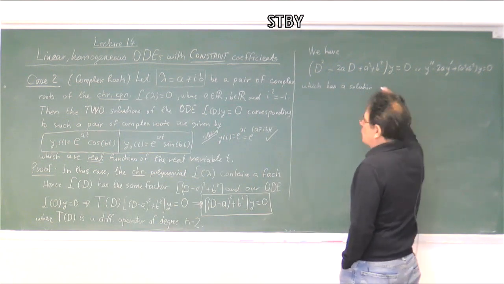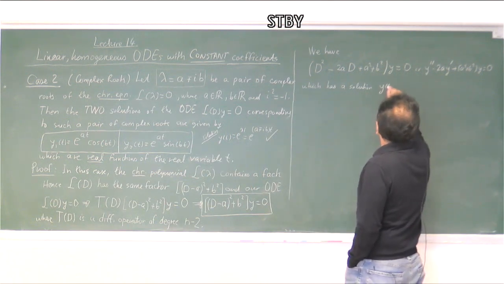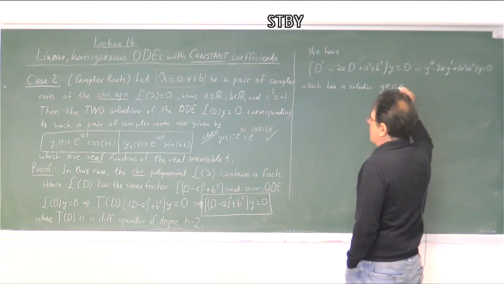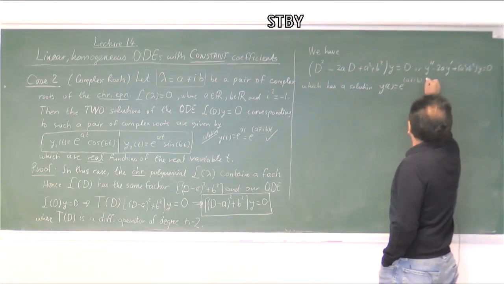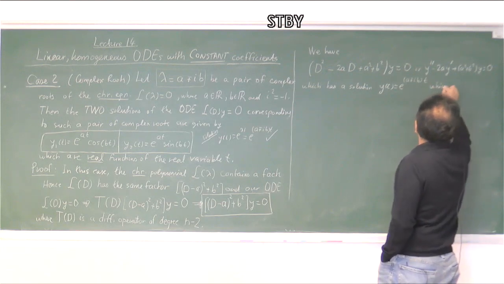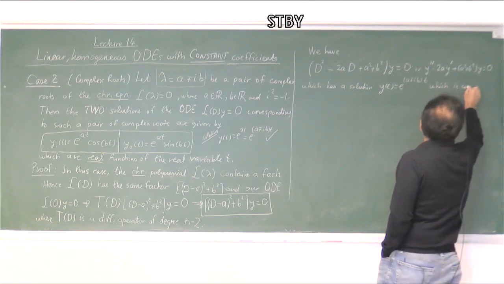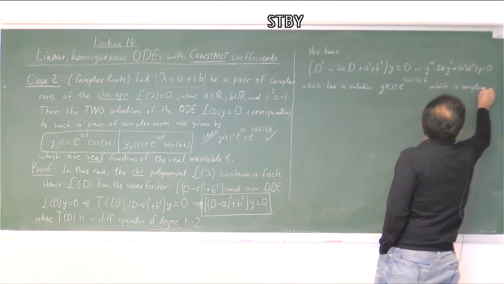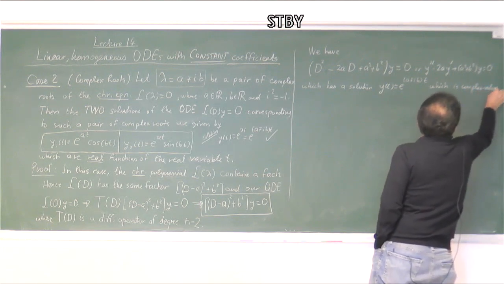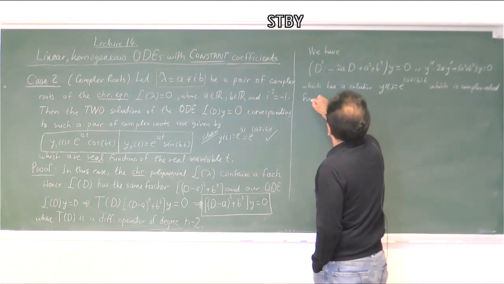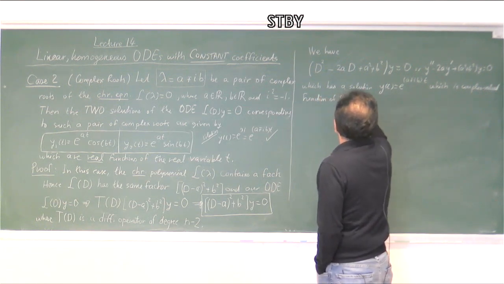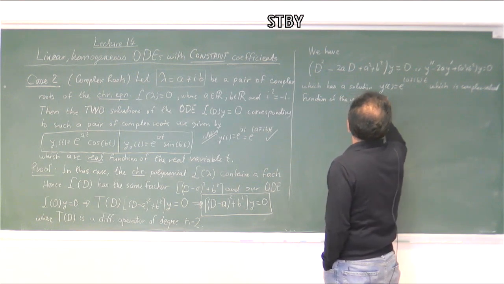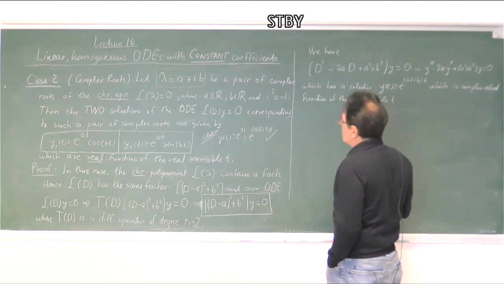So we have a solution like that, y of t equals e to power (a plus or minus i b) t, which is a complex valued function of the real variable t. Okay?